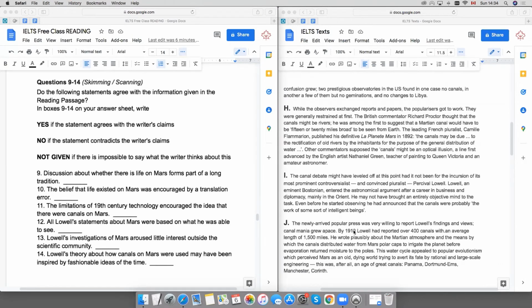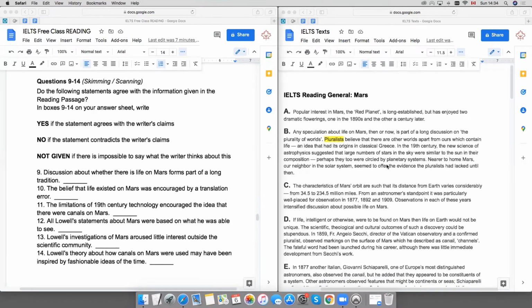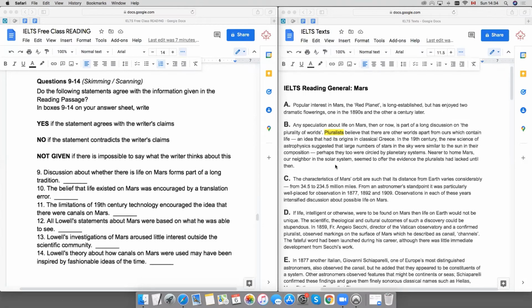We finished with 1910 and we started in the 1890s, okay? So logically, we could assume that, yes, this is a part of a long tradition, and we don't really need to spend too much time stressing out about looking for the exact information where this is a long time. Well, a century counts as a long time. We can logically assume that the answer is yes.